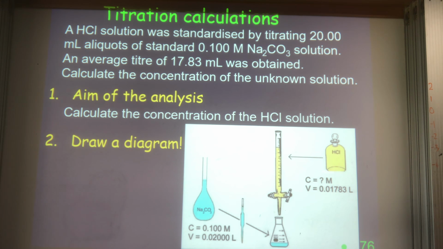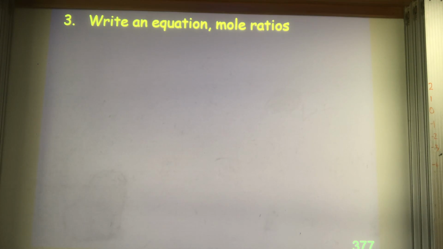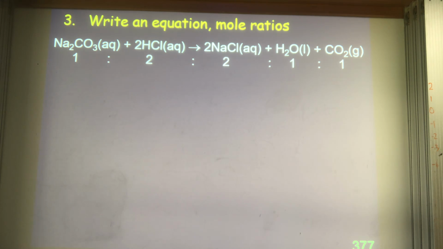Then the HCl going into the burette, doesn't need to have anything fancy, you don't need to draw the tap even. Just put in the volume, tell us that it's HCl and that it goes into something vaguely like that. Diagrams are really important. An equation, mole ratios, like I say, most questions you'll be given this, so don't stress too much about that.